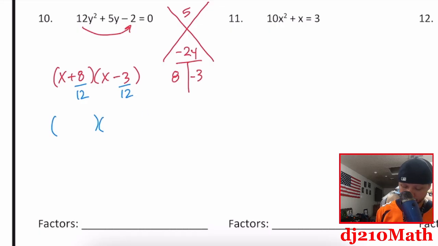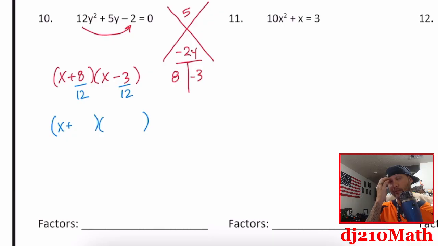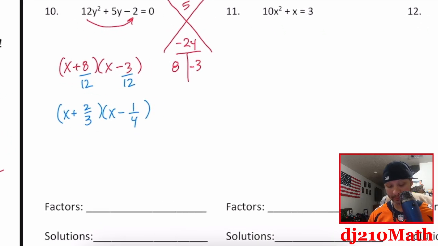Reducing, this makes, all right, 8 over 12. 4 over 6. 2 over 3. And then x minus 3 over 12. 3 goes into 12 4 times. So 1/4. So what I was saying in the last problem is that right now I know my solutions, right?